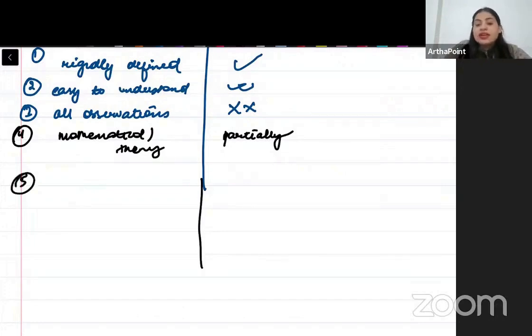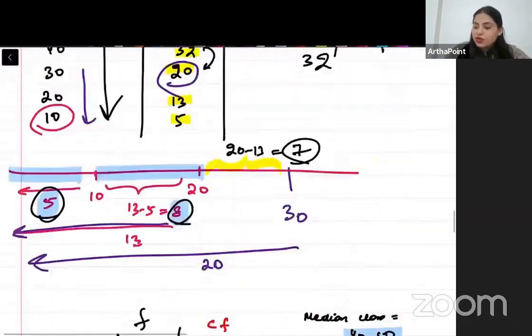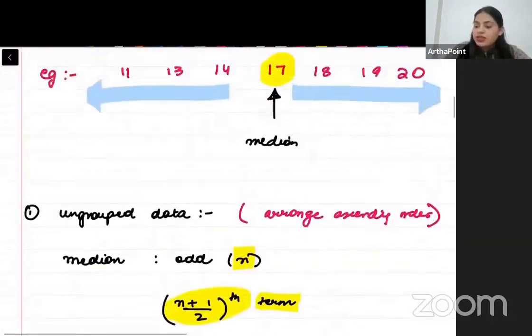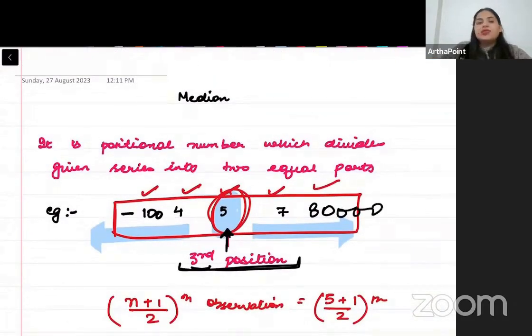Then, beta, fifth, is it affected by outliers or sampling? Beta, it is not affected by outliers. Why? Because exactly as I explained, when you make this number very extreme, suppose you make it 80,000, my median will still be 5.